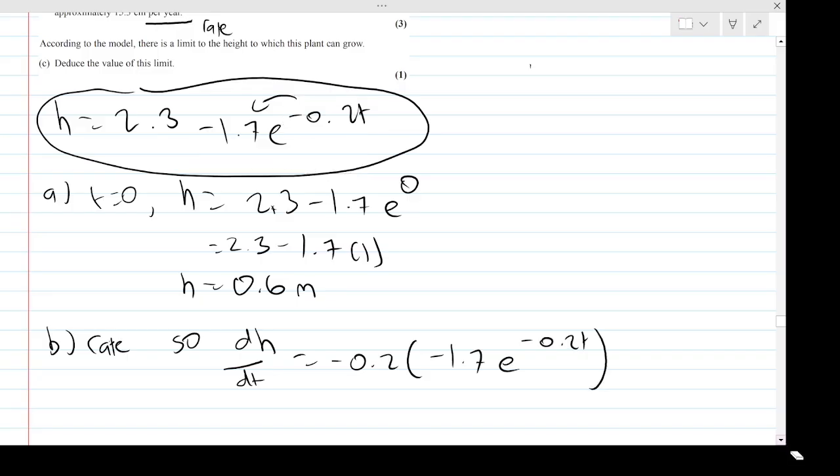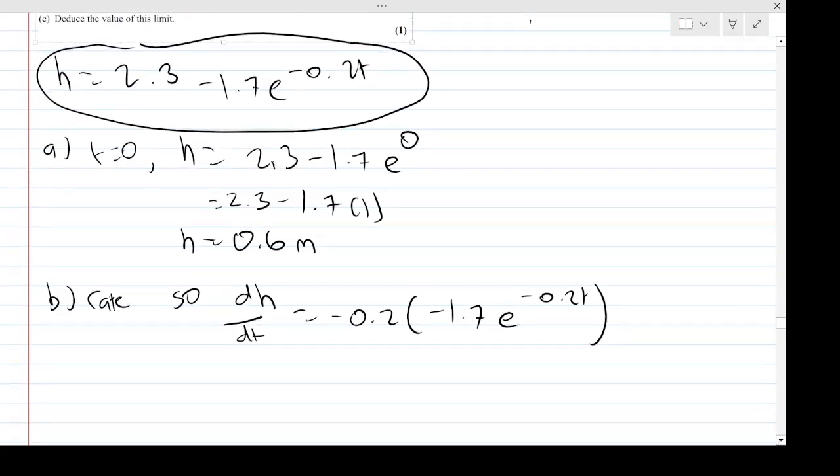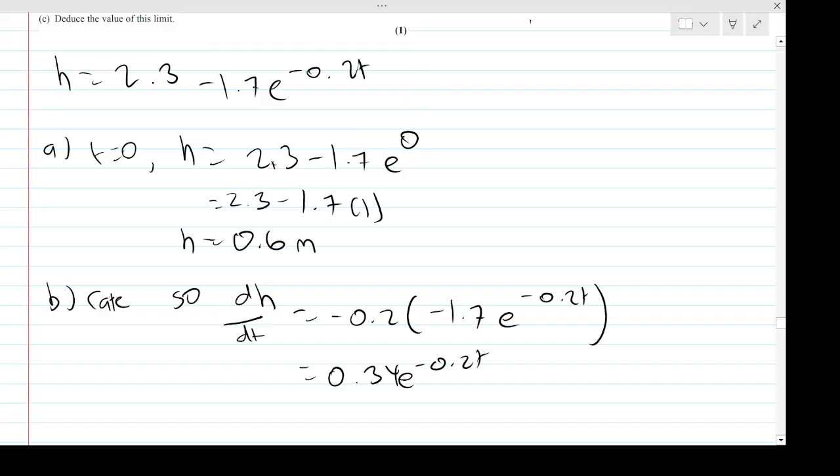And so then, if we work that out, we can simplify that, because minus 0.2 times minus 1.7 is positive 0.34 e to the negative 0.2t, and that's my derivative, okay?